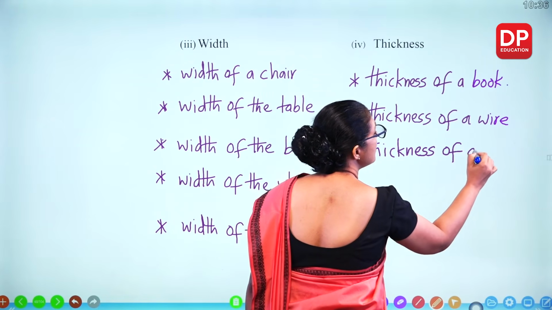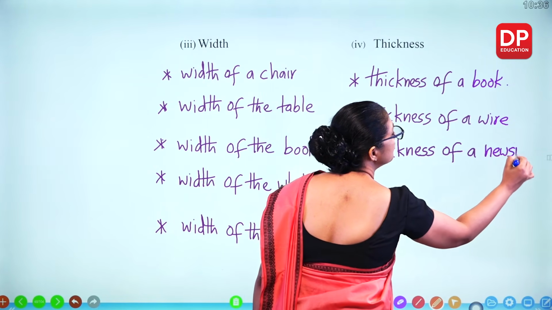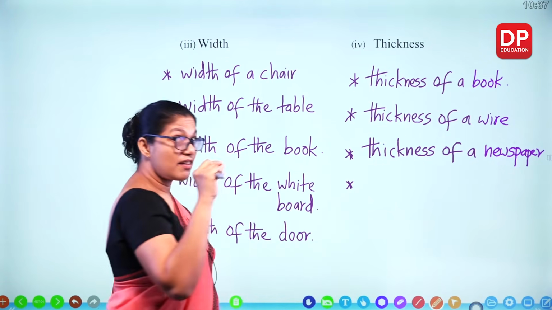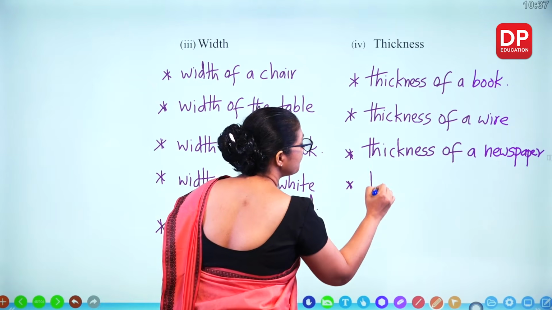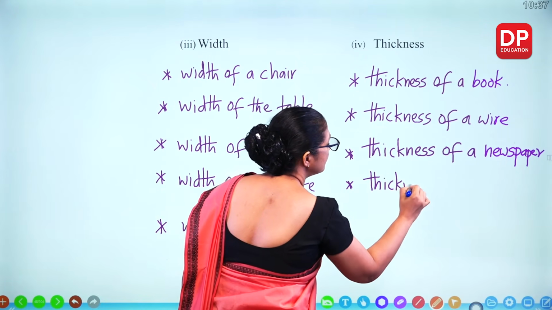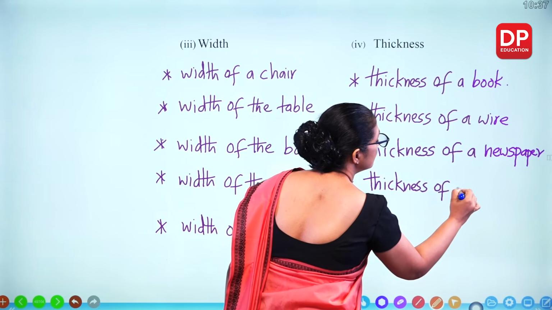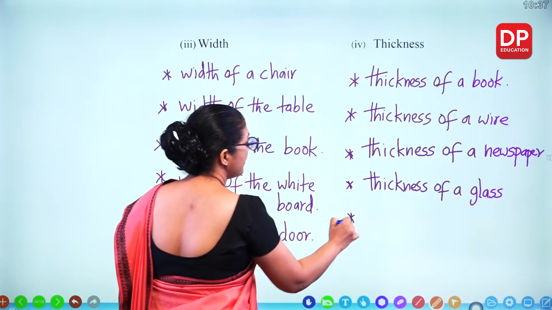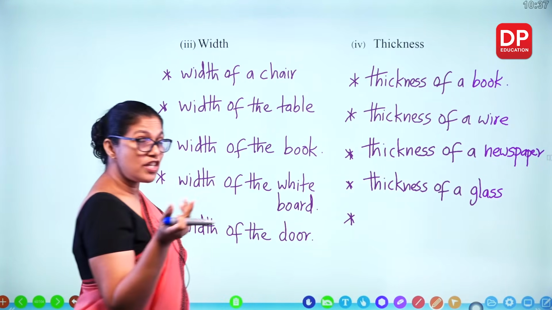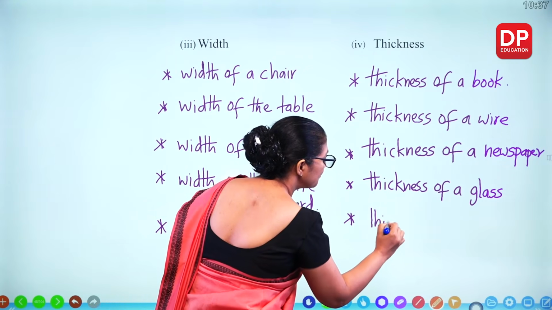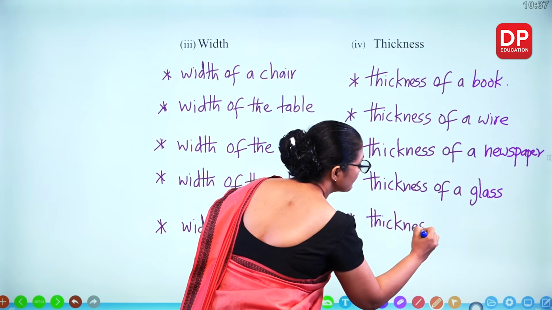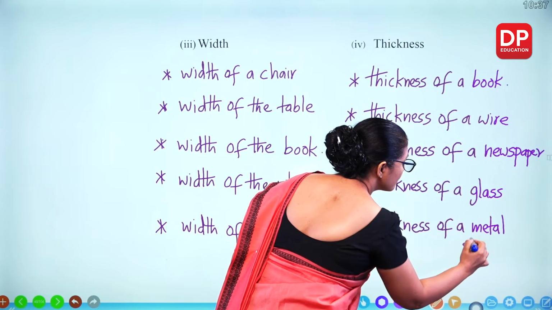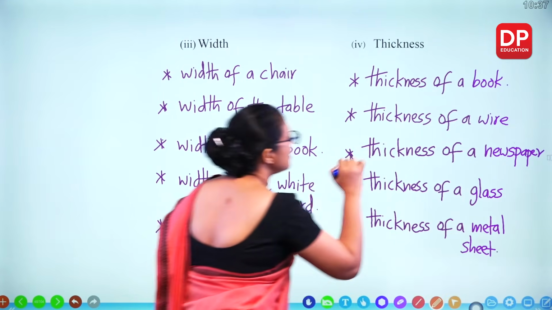Thickness of a newspaper. And thickness of a glass. And thickness of a metal sheet. So you can write any 5.